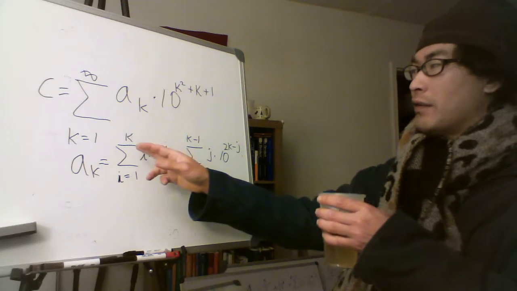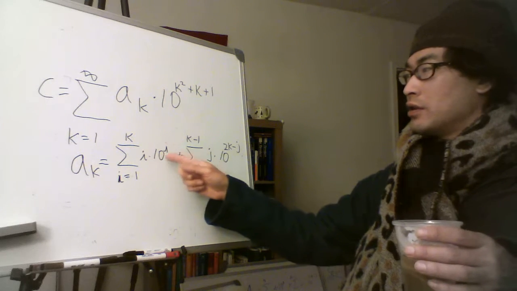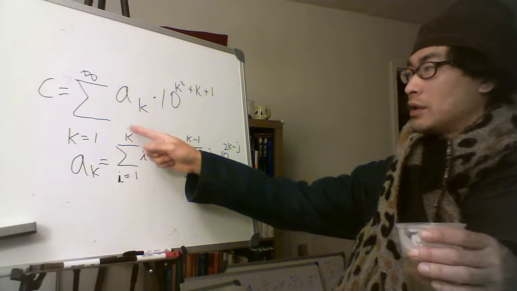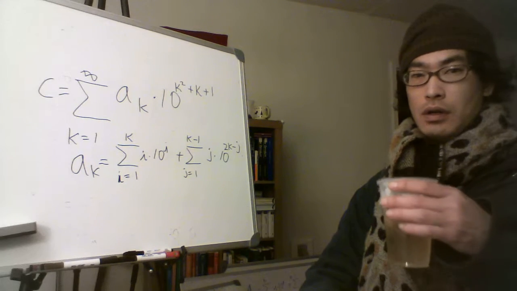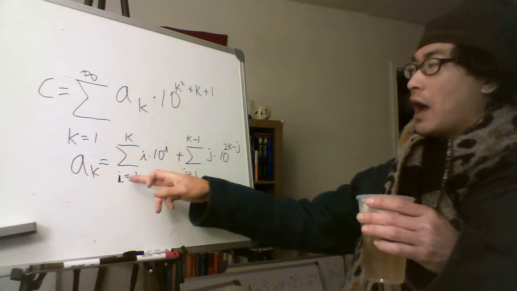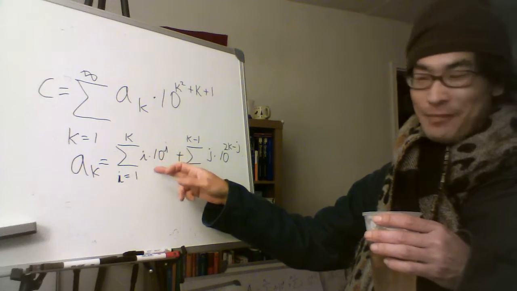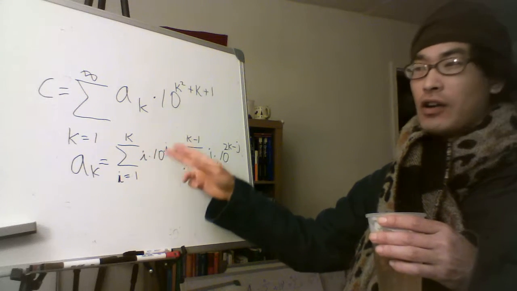Sigma's input is a function, and also this k is an input. What is I? I is the input variable of this input function. So sigma is a function of a function.